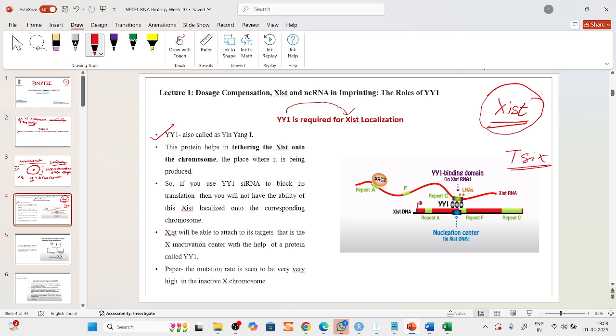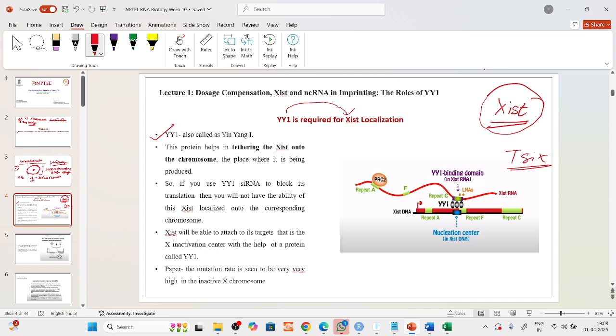So we know that in the chromosome, wherever the Xist gene is present, this has to localize in that particular part. How can Xist be tethered, attached or localized to its chromosome?